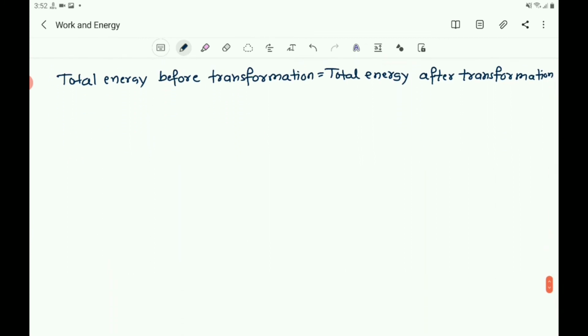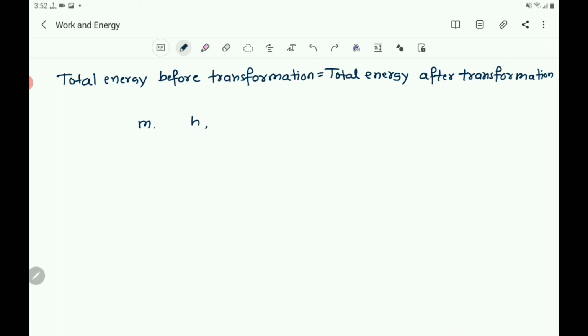Now let us take one example. Consider an object with mass m is made to fall freely from a certain height h. Then you know what is its potential energy?